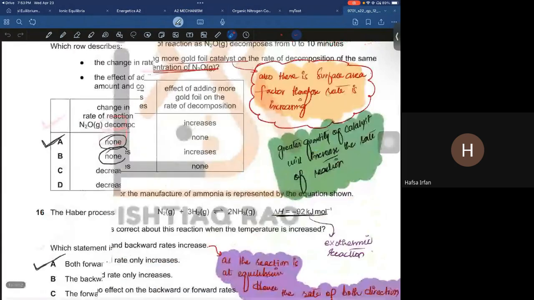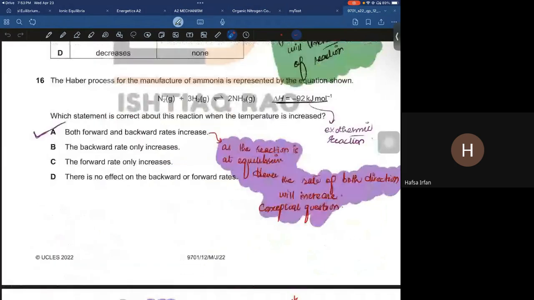Then question 16 says the Haber process for the manufacture of ammonia is represented by the equation shown. Which statement is correct about this reaction when the temperature is increased?